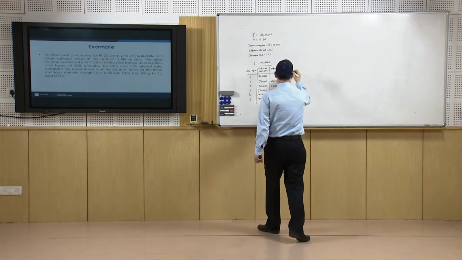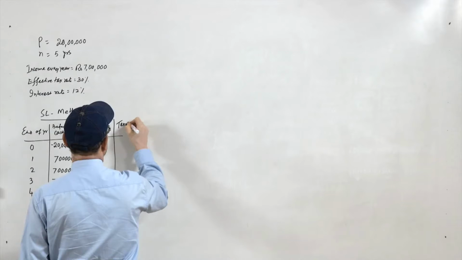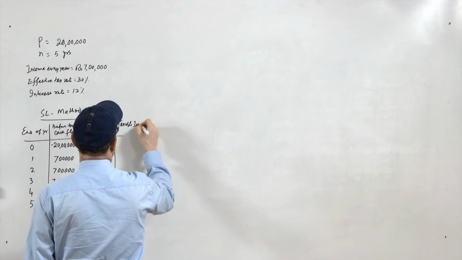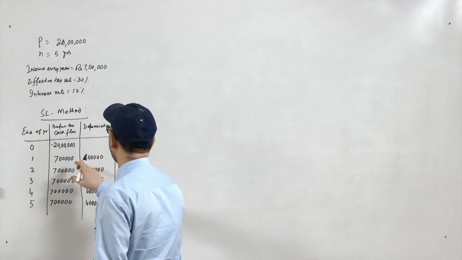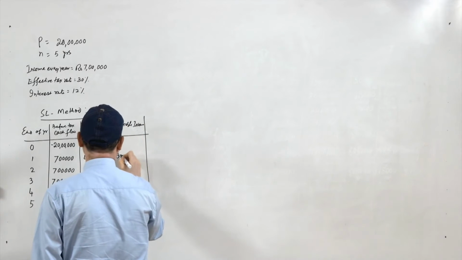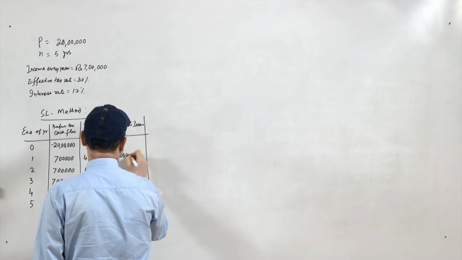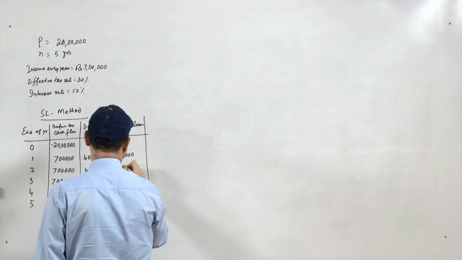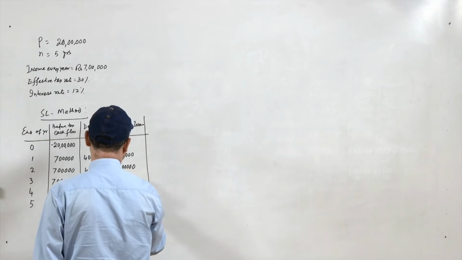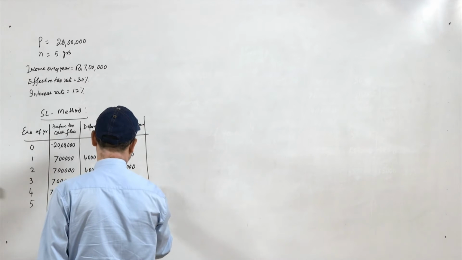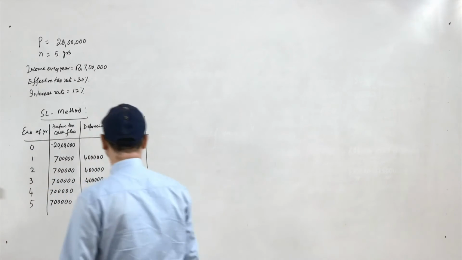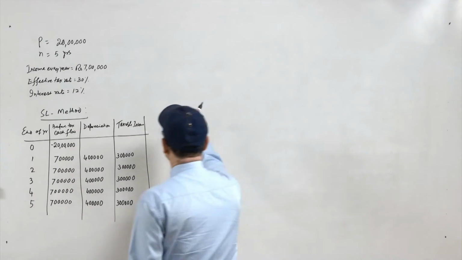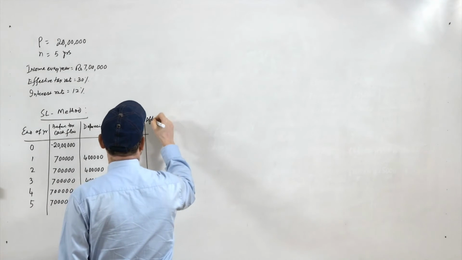So, the taxable income we can find because these depreciation charges will be deducted from the income. So, it will be 3 lakh. Then we can calculate the after tax cash flows.